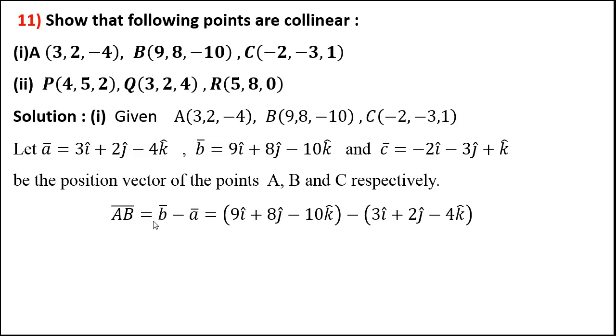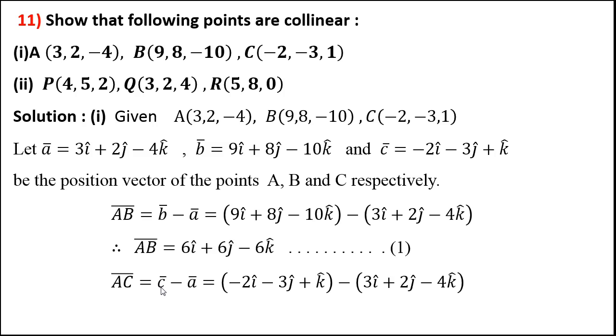AB bar means B bar minus A bar. We have B bar, we have A bar, so we can calculate AB bar. This is AB bar. Similarly, we find AC bar. AC bar means C bar minus A bar. We have C bar, we have A bar. So subtracting A bar from C bar, we get AC bar. So this is my AC bar and this is my AB bar.